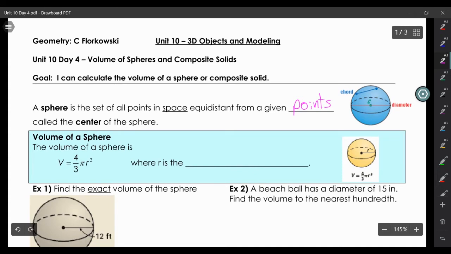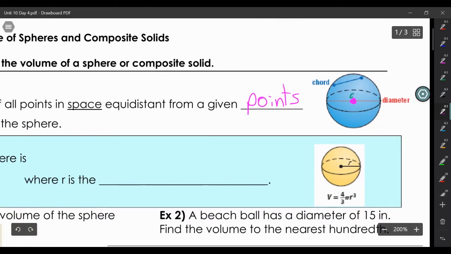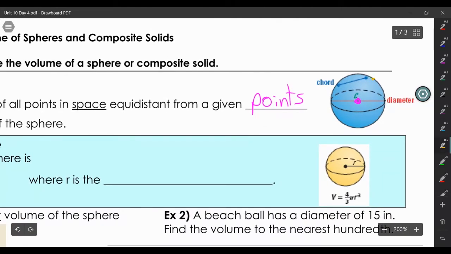If we look at this picture, this is our center, our point, and every dot on this sphere is the same distance away from this center. So just think of it as a ball.